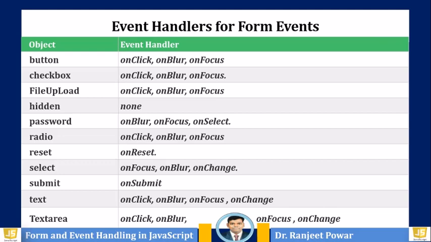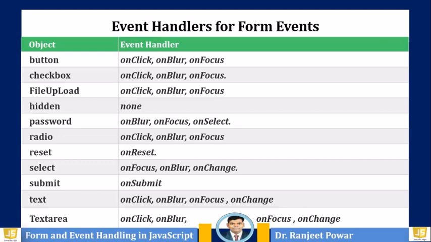Each available event has an event handler, which is the block of code that runs when the event fires. Here you can see the list of event handlers for the form and elements of the form. For example, for the button element, the event handlers are onClick, onBlur, and onFocus.